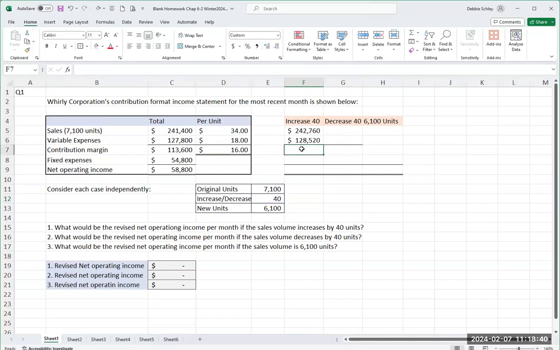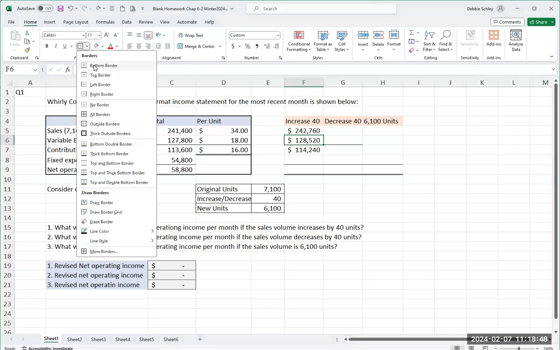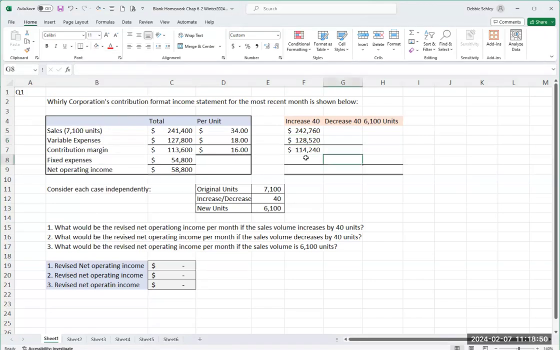Okay, we know that contribution margin equals sales minus variable expenses. And my fixed expenses stay fixed no matter how many units I produce or sell. So 54,800.